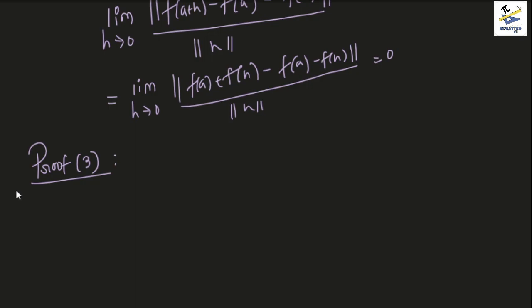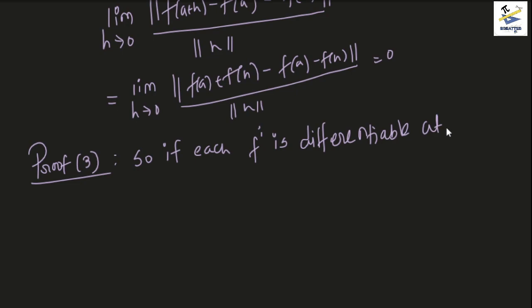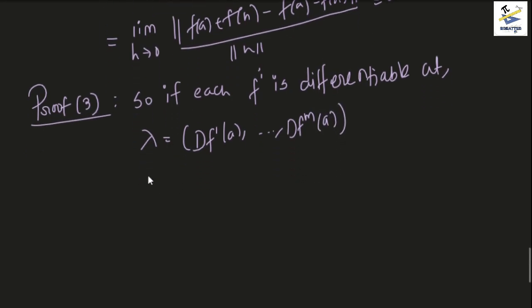We can assume that each fi is differentiable at a, and we are claiming that the derivative is this. Now what we want to prove is that the limit is true.